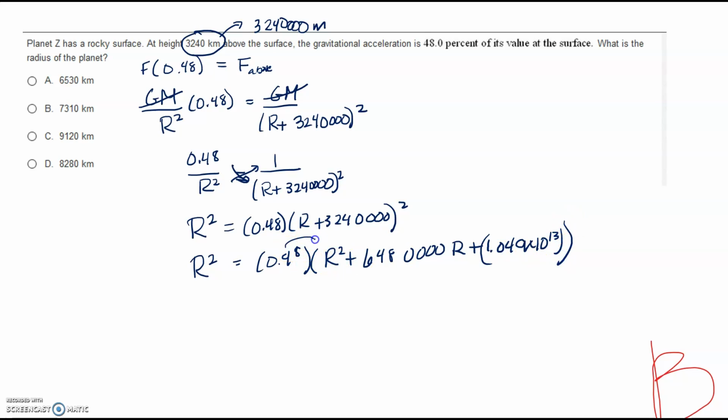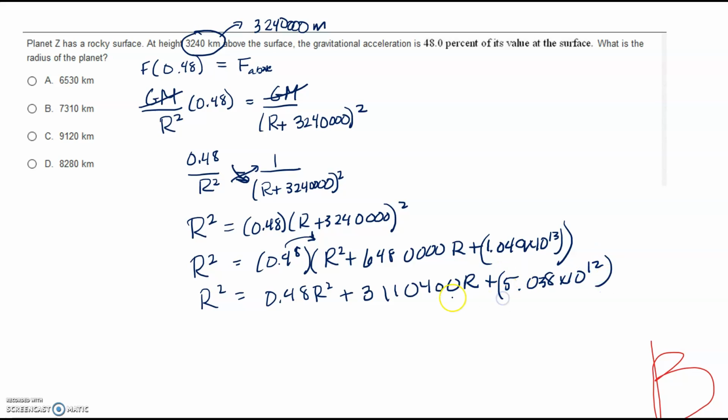Okay, then I have to distribute my 0.48. So I get 0.48 r squared plus 3.0400 r plus 5.0838 times 10 to the 12th.